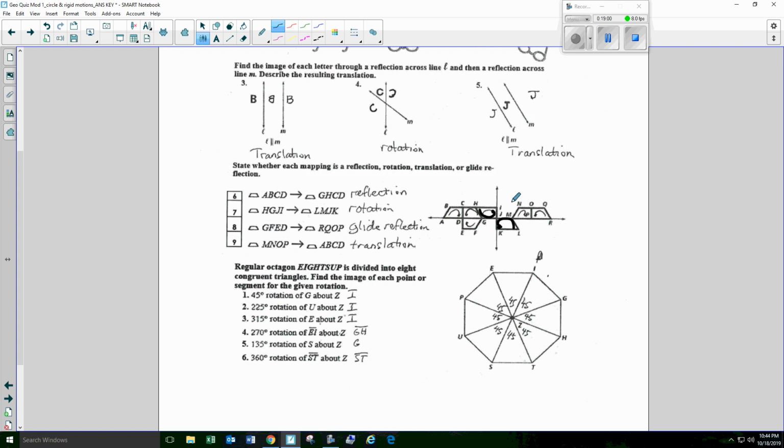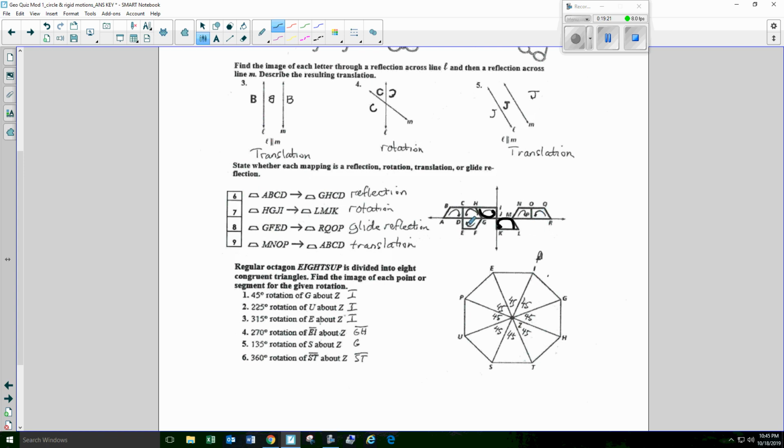So we look at here, GFED, clockwise. Okay, RQOP, counterclockwise. Again, notice the first thing I'm checking is the orientation.